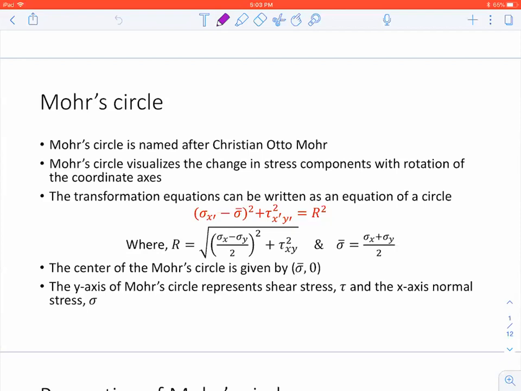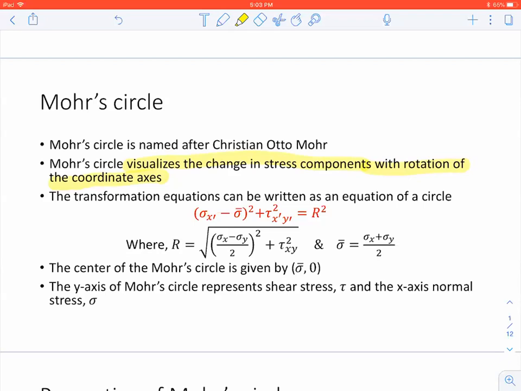Okay, so Otto Mohr visualized the change of stress components with rotation of the coordinate axis in terms of a circle. That circle is called Mohr's circle.